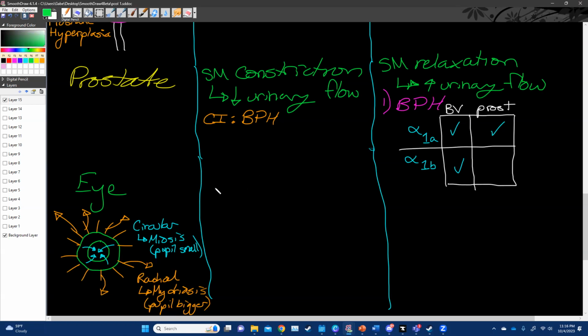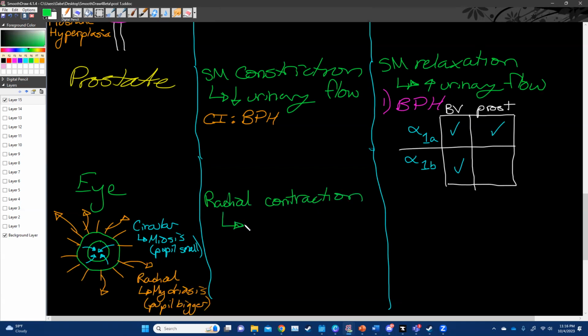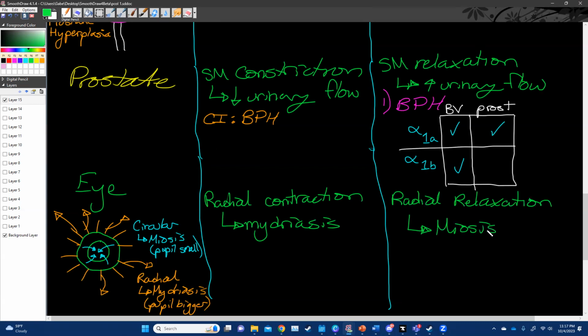So in terms of the eye, radial muscle contraction is going to cause mydriasis, whereas radial relaxation is going to end up causing meiosis, or appears to cause meiosis.